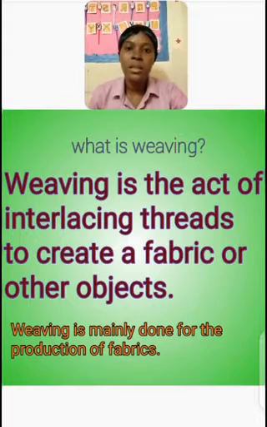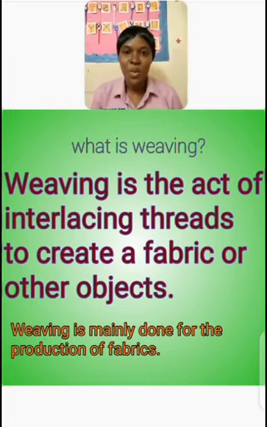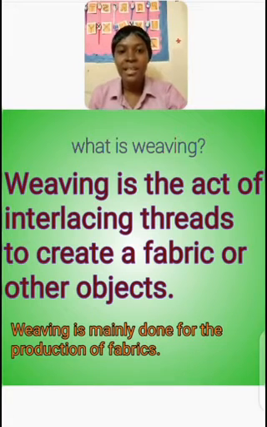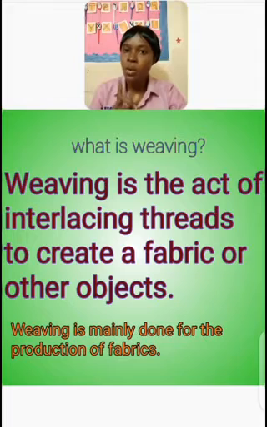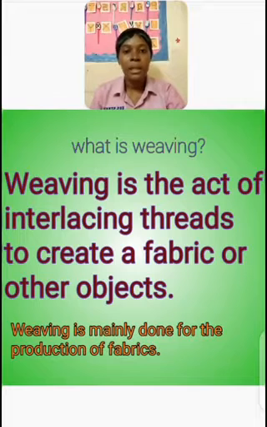Passing threads over and under each other to create a tight bond. Okay, so now we know the meaning of weaving and we know what interlacing is, but I would still like for you to go and look up your dictionary to get a very clear meaning of what interlacing is.